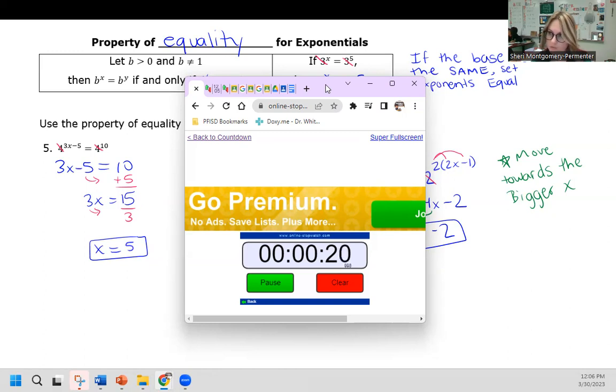If it's negative, then when you move it, it's positive. But if it is negative, you can leave it there. If you only have one X, you can leave it there. Yes, you get a fraction answer. You want to move that 4 away from the X.